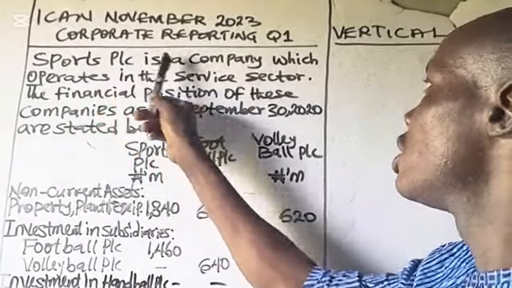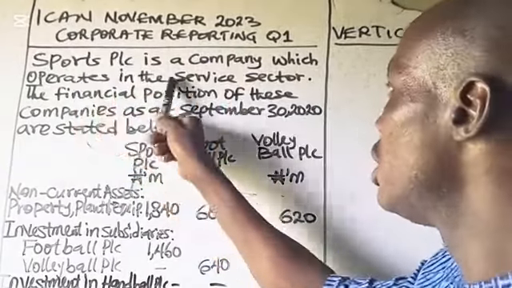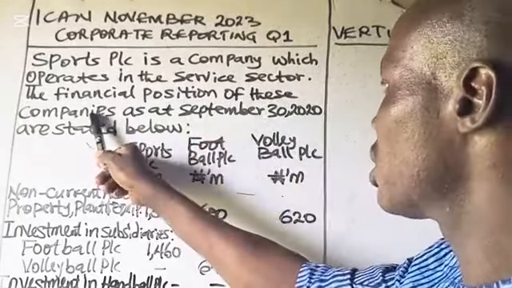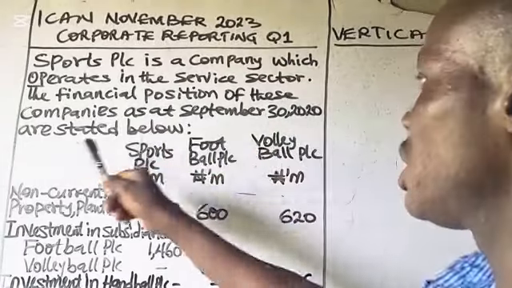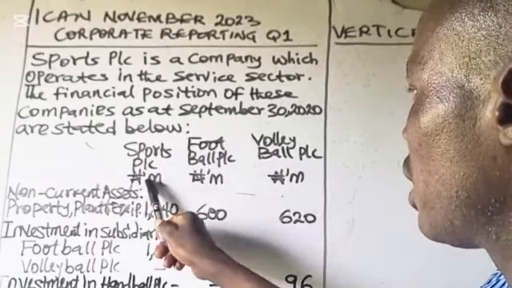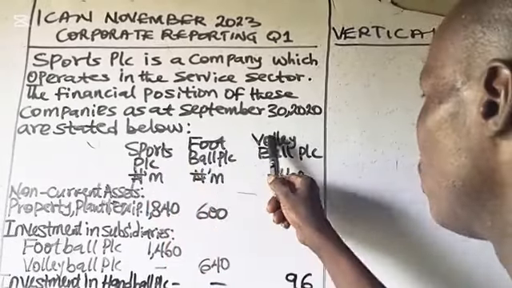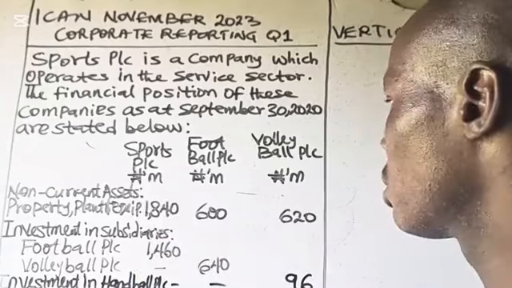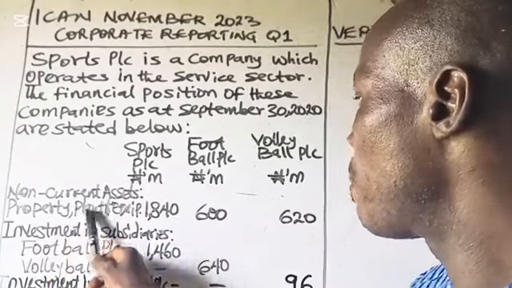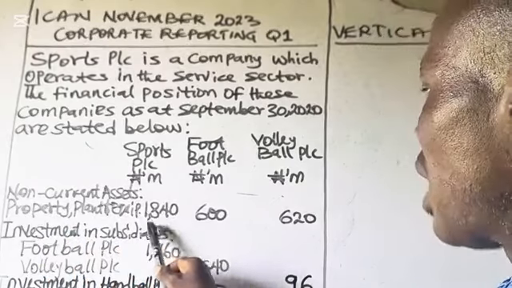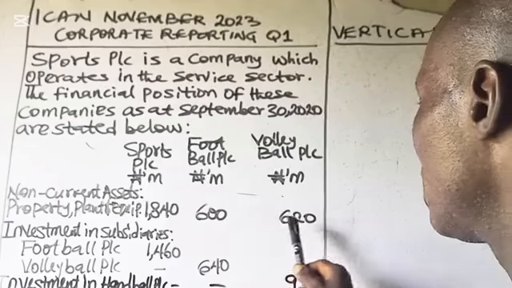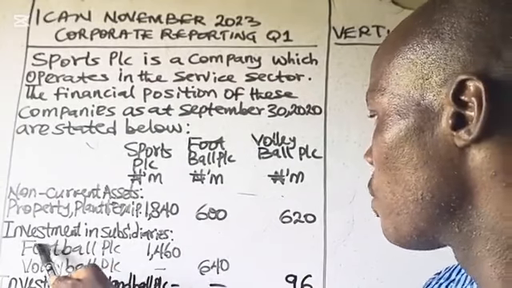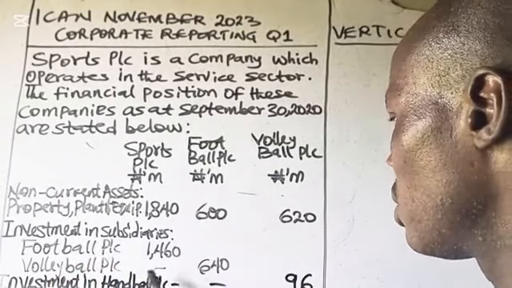Sports PLC is a company which operates in the service sector. The financial positions of these companies as at September 30, 2020 are stated below. We have Sports PLC, Football PLC, Volleyball PLC, amounts in million naira. Non-current assets, which include property, plant, and equipment: 1,840, 600, 620. Investment in subsidiaries, Football PLC, 1,460.